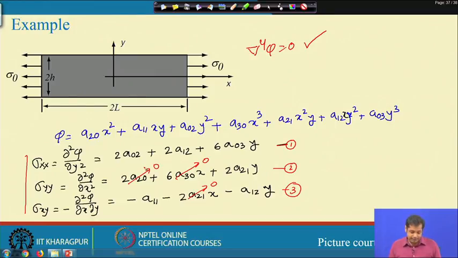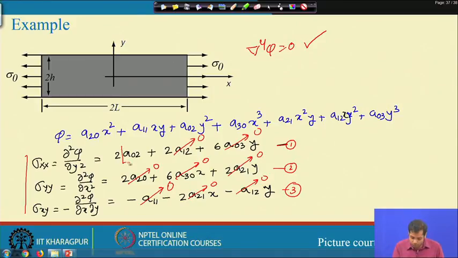Now, similar exercise if you do on this boundary, normal stress as well as shear stresses, we will check that all these constants will be 0.